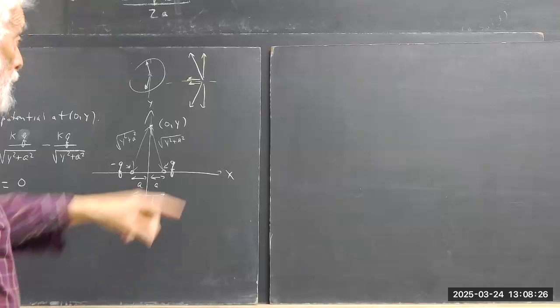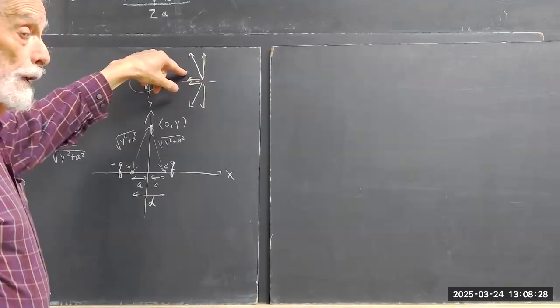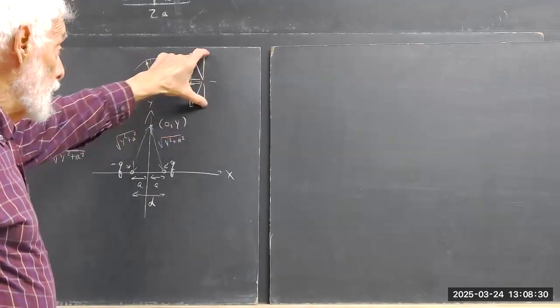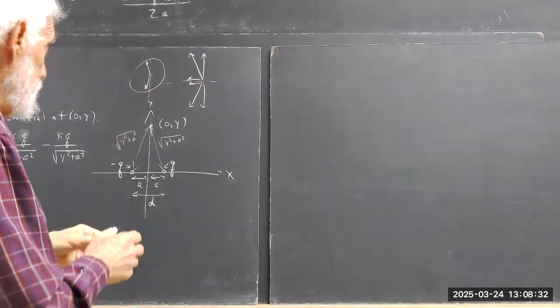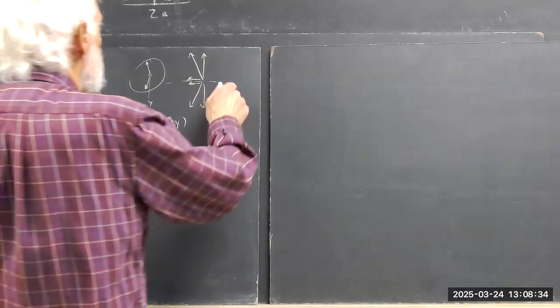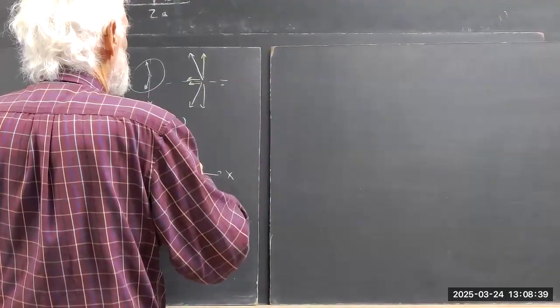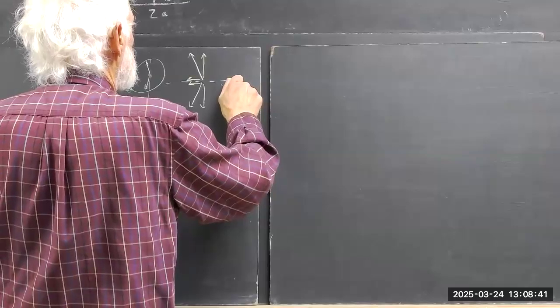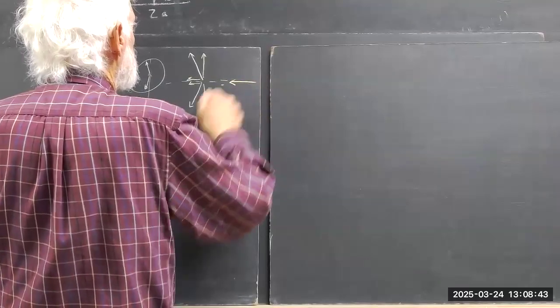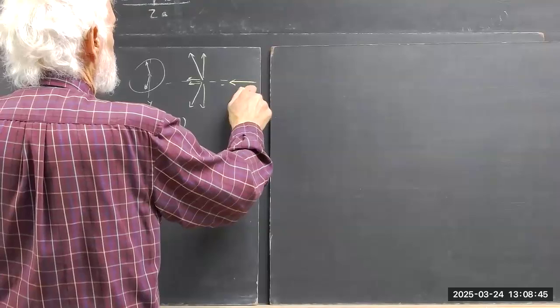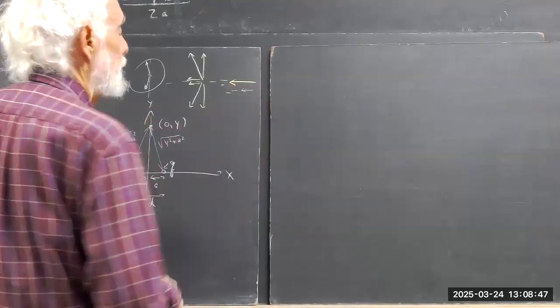The x components are identical, and they reinforce. The y components are equal and opposite. And what you get is just this plus this.